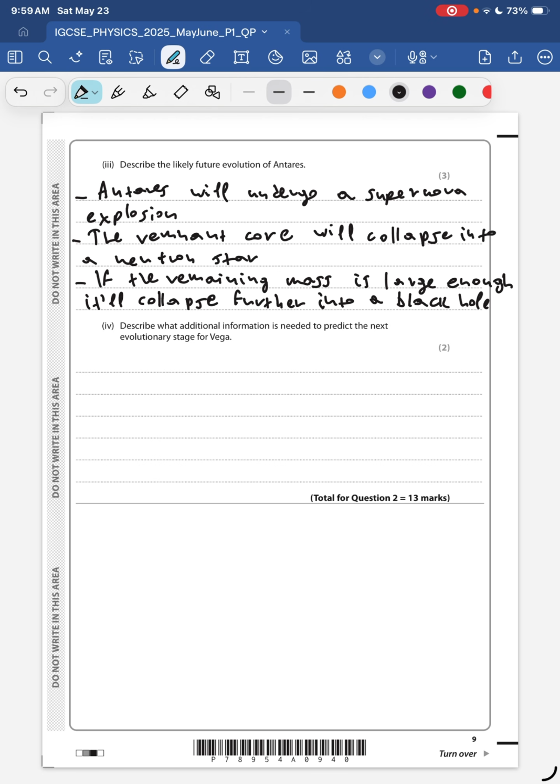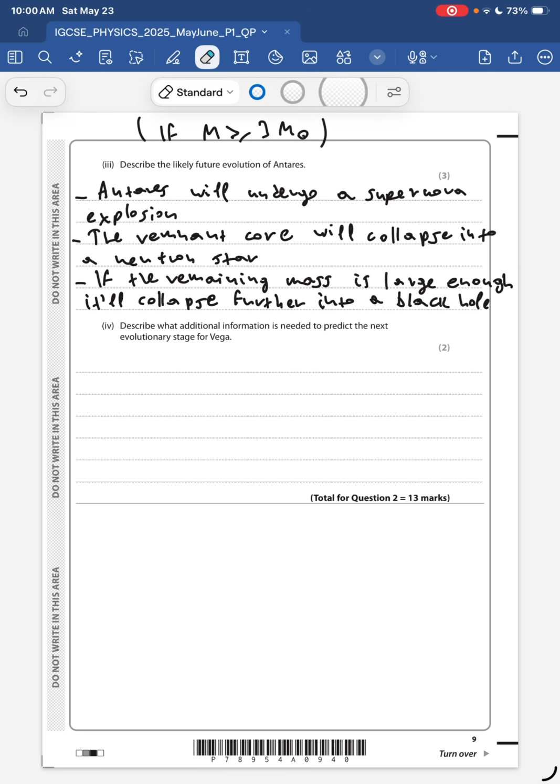So we are talking about usually if the mass is larger than or equal to about 3 times the mass of the sun, these stars eventually become black holes. Okay, but I think you don't learn that at the GCSE level, so I'm gonna erase that.